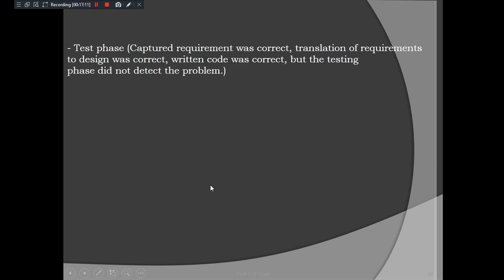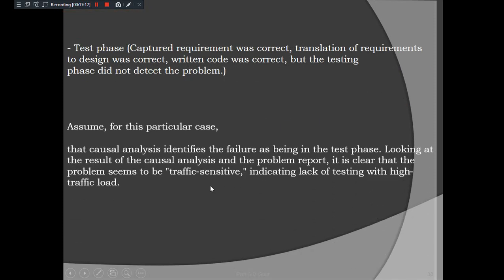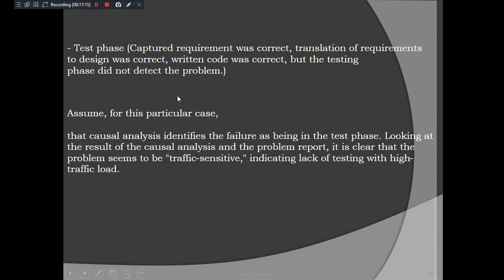They will be isolated. Next, the last one is the test phase, where the captured requirement was correct, translation was correct, code was correct, but the testing phase did not detect the problem. So assume for this particular case, the causal analysis identifies the failure as being in the test phase.